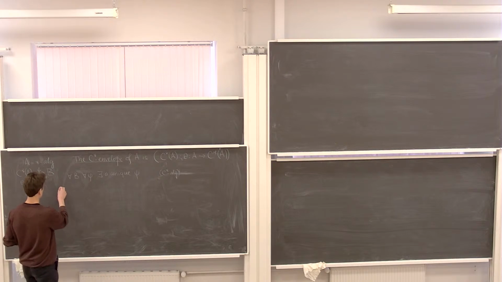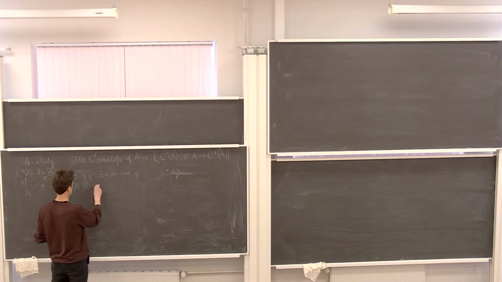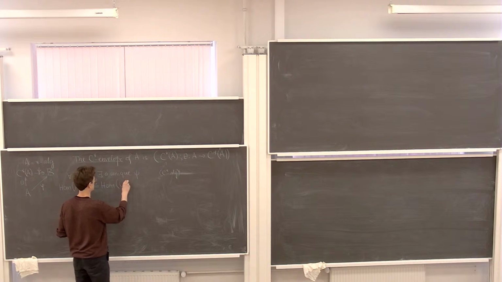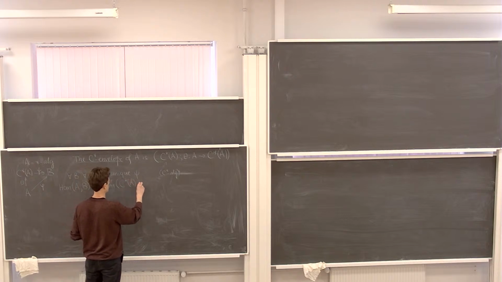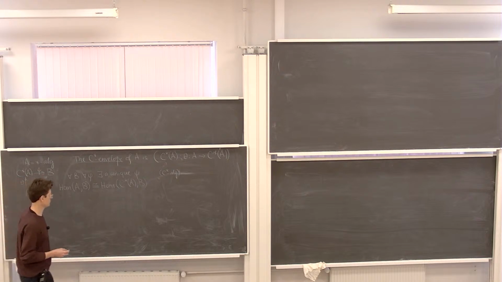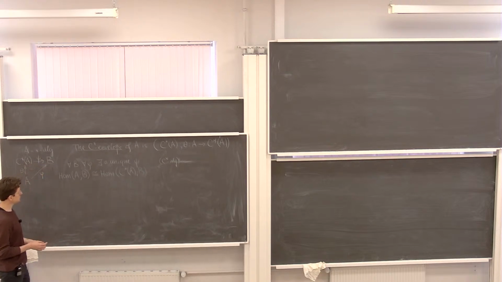And so we have a natural bijection between the set of all star homomorphisms from A to B and the set of all star homomorphisms from C-star of A to B. And this correspondence is a natural isomorphism in the variable B. So here B runs over the class of all C-star algebras.